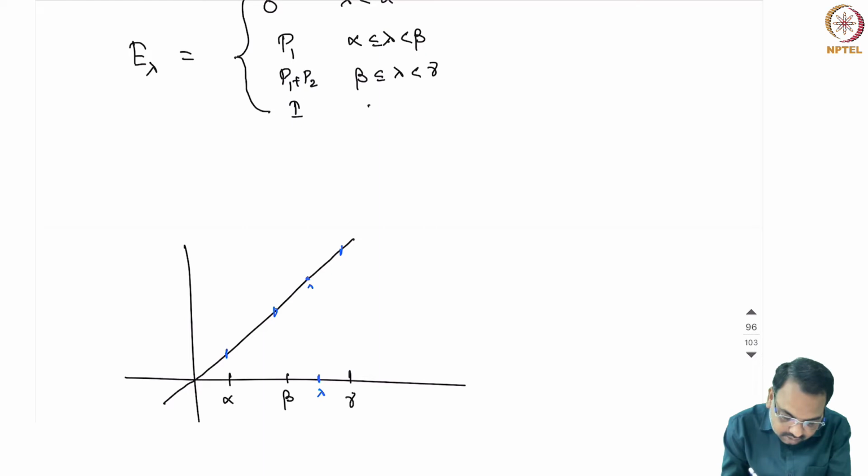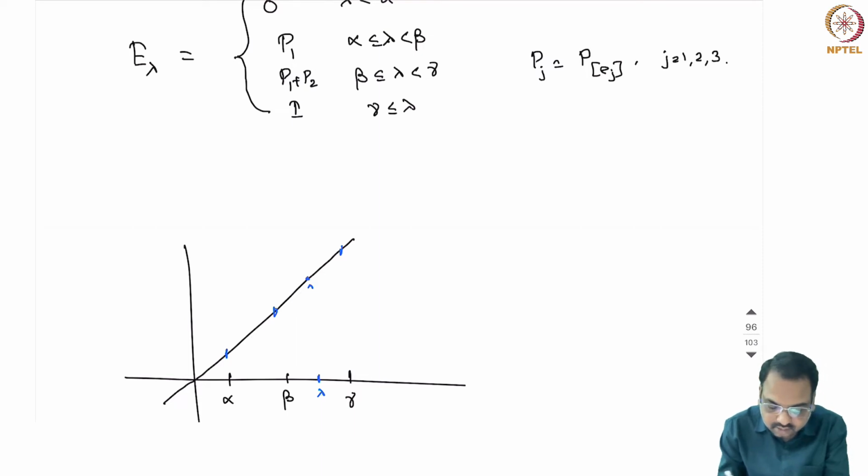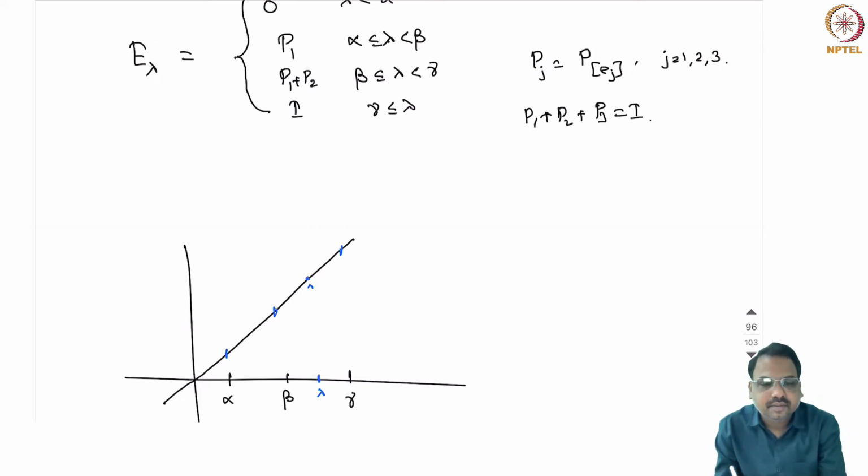So your Pj is projection onto Ej, j equal to 1, 2, 3. Identity is nothing but P1 plus P2 plus P3, that is identity. Okay.